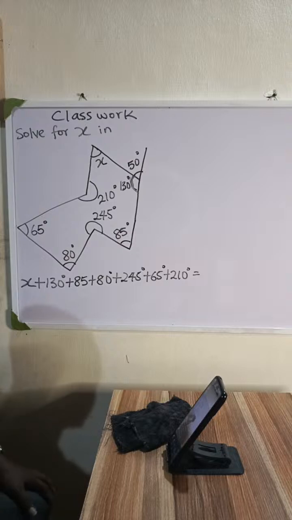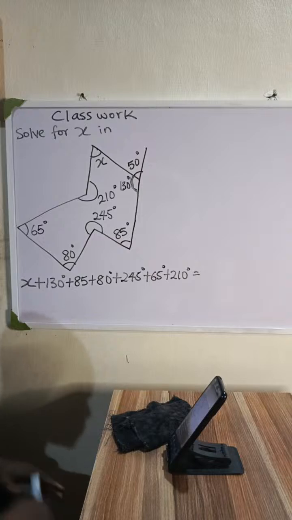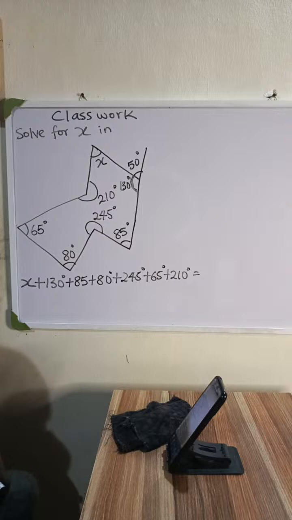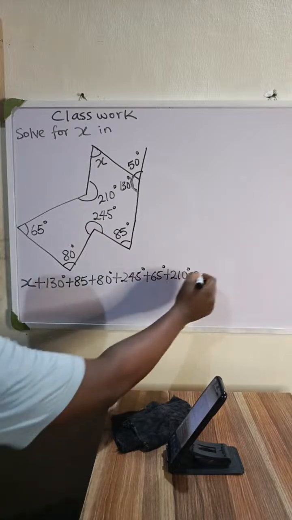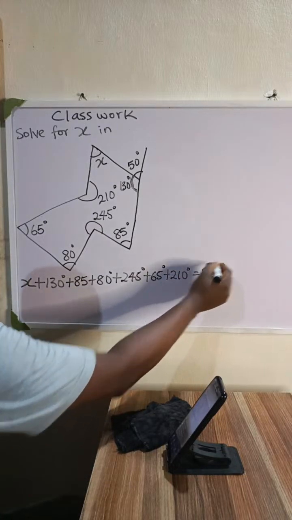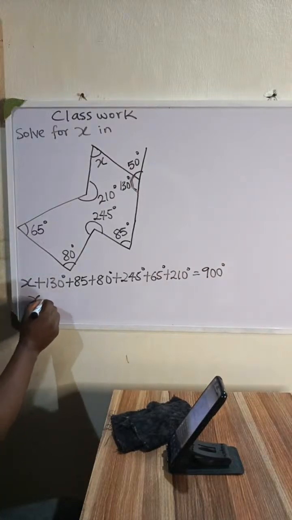In a heptagon, sorry. Sum of angles in a heptagon. 900 degrees, okay. So we have x plus.